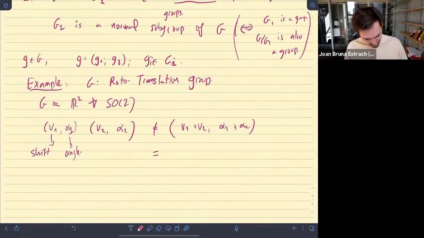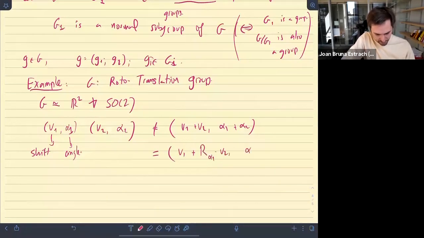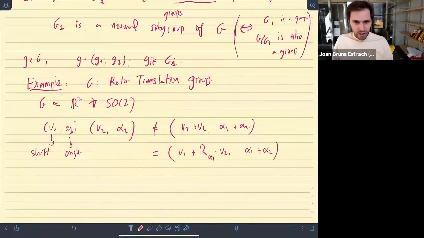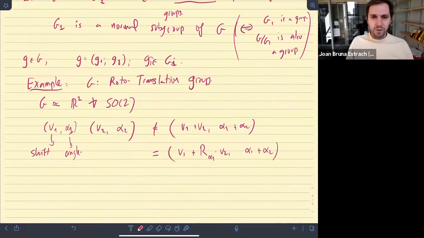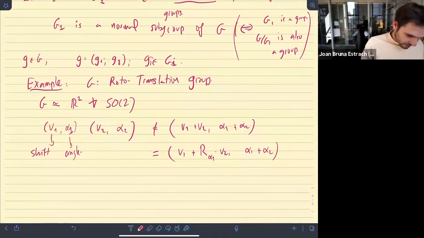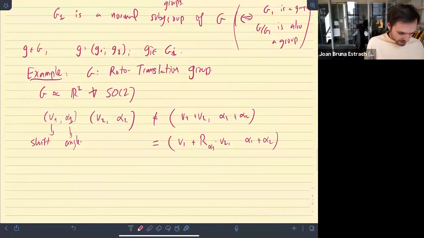The right way to combine them is v1 plus the rotation by alpha 1 times v2, and then alpha 1 plus alpha 2. The best thing by far is to try it on a piece of paper: see what happens if you apply a translation plus a rotation. You can see that there is no abelian structure.